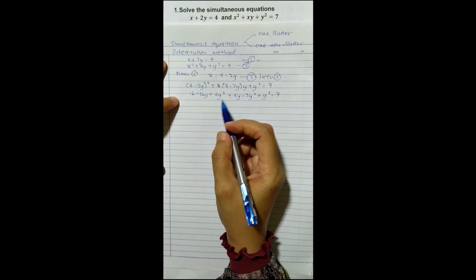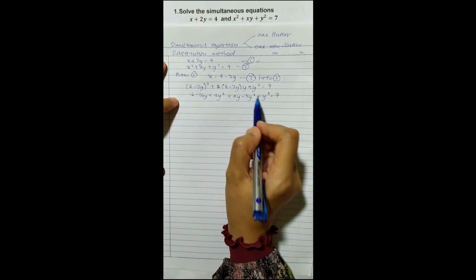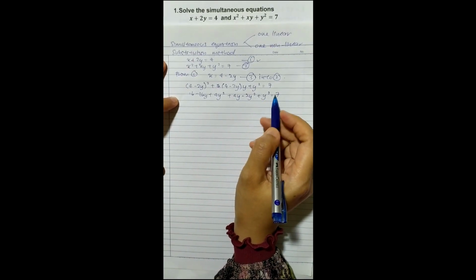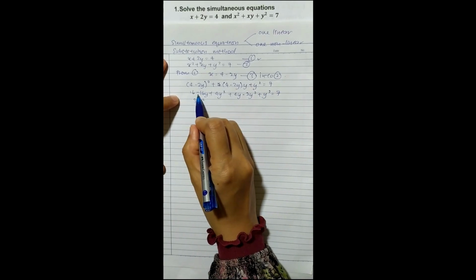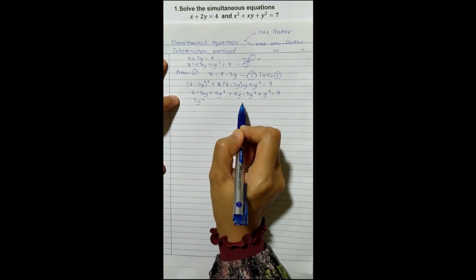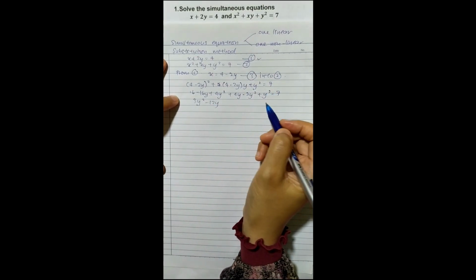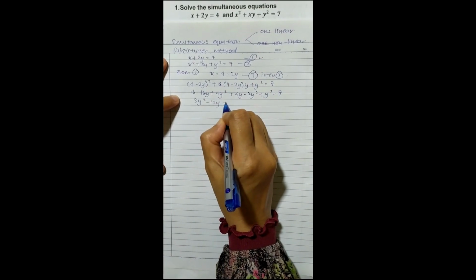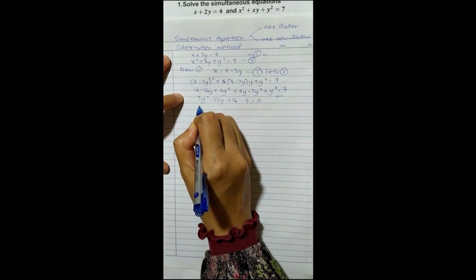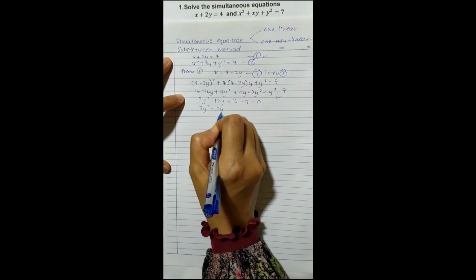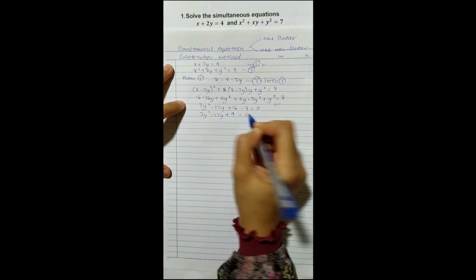We simplify this one. 4y squared minus 2y squared plus y squared, the like terms, become 3y squared. Negative 16y plus 4y is negative 12y. Here we have 16 minus 7, so equal to 0. Here we have 3y squared minus 12y plus 9 equals 0.